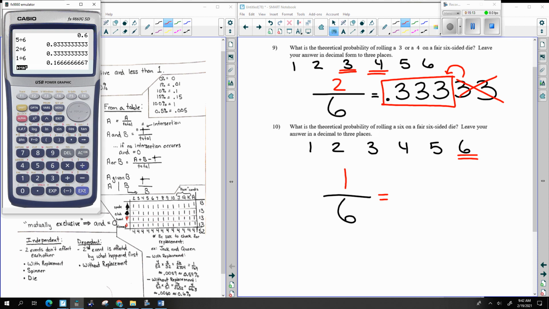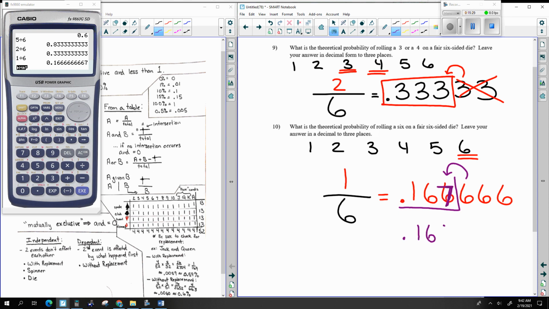So 1 out of 6 as a decimal is 0.1666666. Rounding this to 3 decimal places, I see that 6 is a big number, so this is going to round up to a 7. So this is going to be 0.167 as my answer.